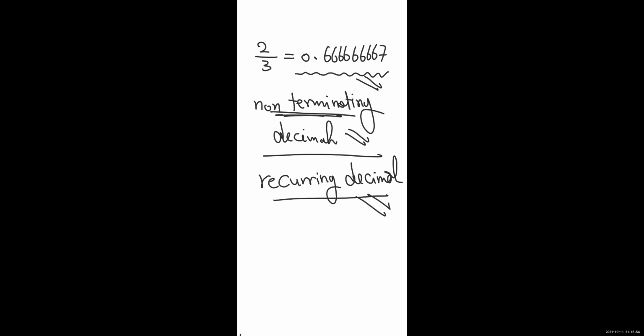We said that 2/3 equals this number. If you concentrate on this number, you will find that the number 6 keeps repeating, right? That's why we say it's recurring. Recurring means repeating. So simply, we can say that 2/3 equals 0.6666, then 7, then equals 0.6 only, and since 6 is repeating, place a dot above this number.